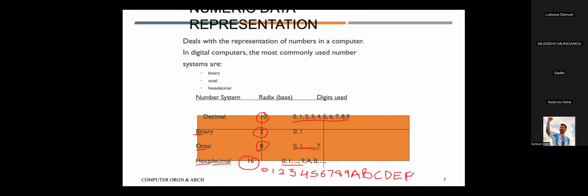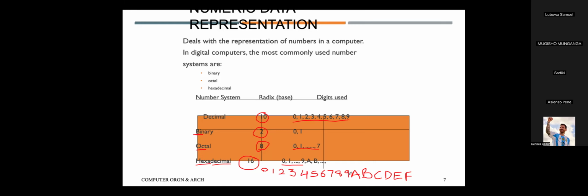So basically, we just need to count until we reach the 16th position: 1, 2, 3, up to 16.